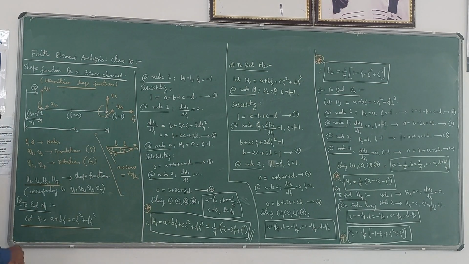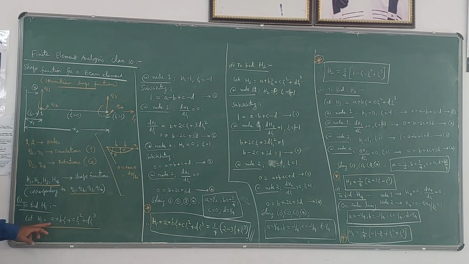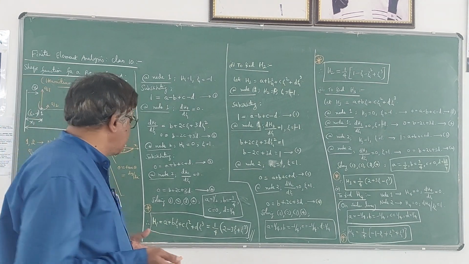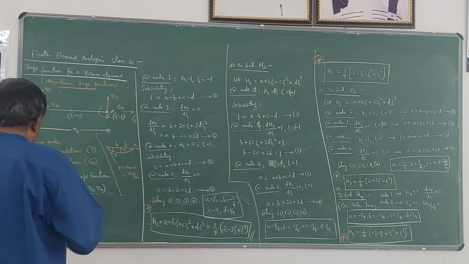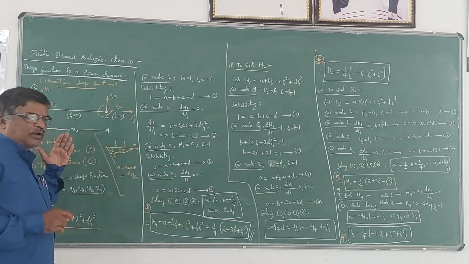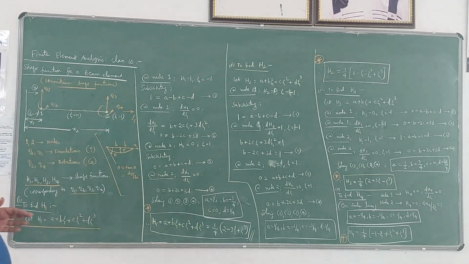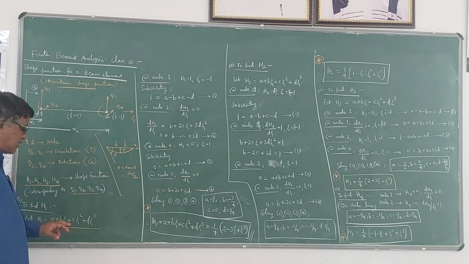Now I will assume the shape function in this form: a plus b zeta plus c zeta square plus d zeta cube. So third order I am going to take, because you have 4 boundary conditions here. Using those 4 boundary conditions, you can solve for these 4 unknowns a, b, c, d.